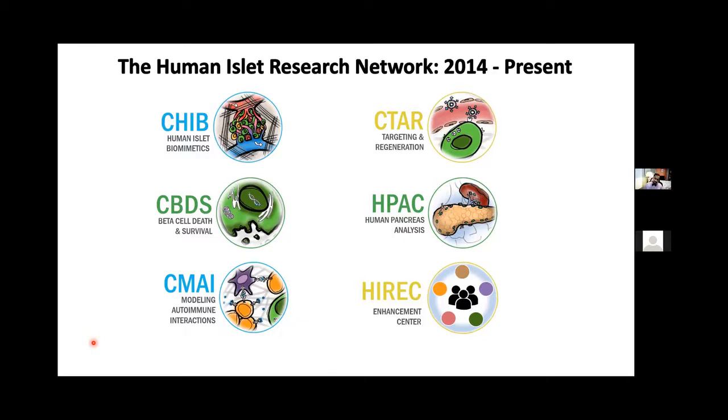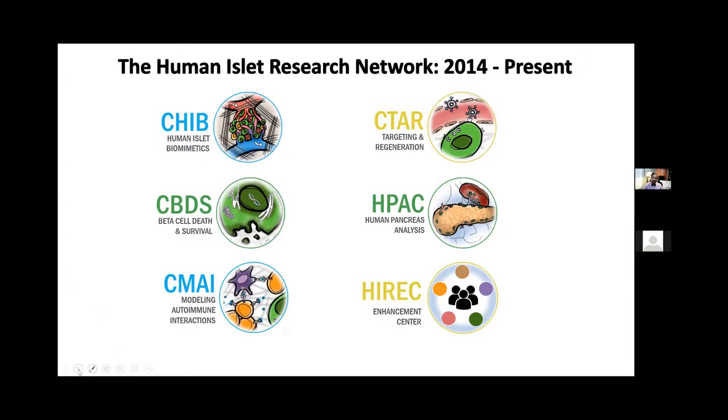And today we're going to be highlighting work from one of those consortiums, which is called CTAR, the Consortium on Targeting and Regeneration. Now, CTAR is investigating methods to increase or maintain functional beta cell mass in type 1 diabetes, and you're going to hear a lot of the exciting science that's coming out of that group today.